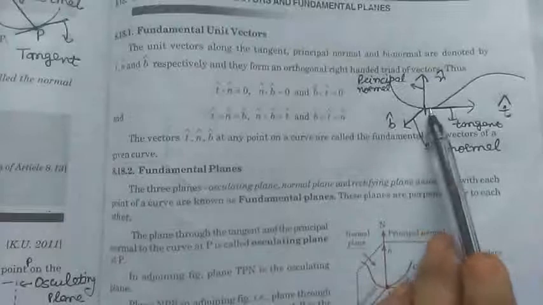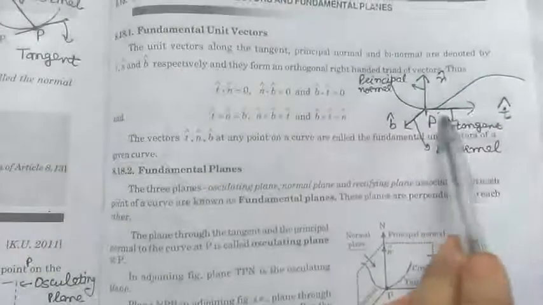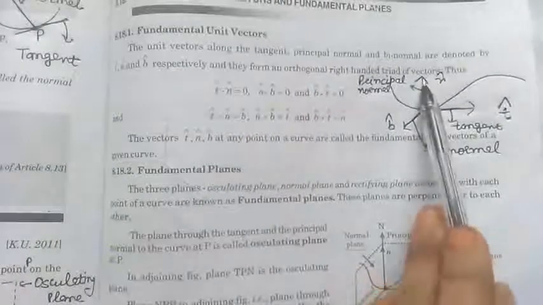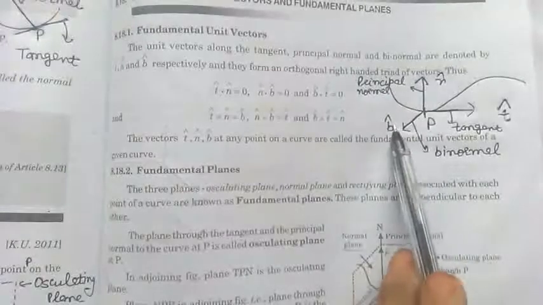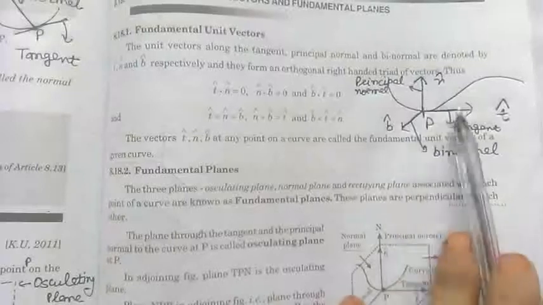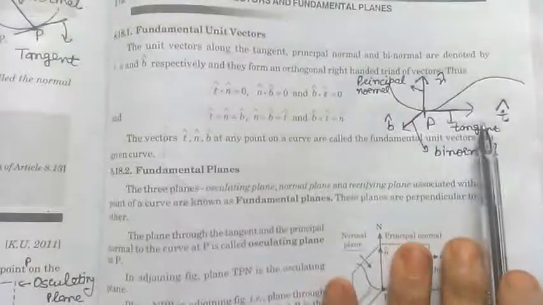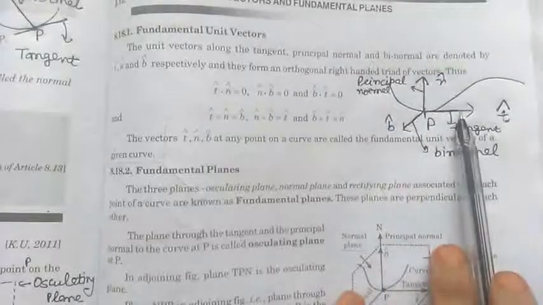P is any point on the curve. Let us draw a tangent at the point P. Then the vector which is perpendicular to the vector t cap, that is the vector n cap, and also the vector b cap, that is the unit vector along the binormal. These three vectors are perpendicular vectors, and these three vectors are called fundamental unit vectors.